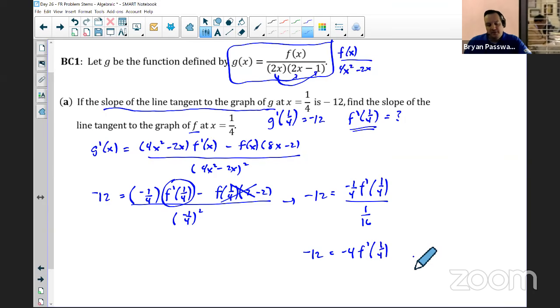And then dividing both sides by -4, lo and behold, we get f prime of 1/4 equals 3, and that answers the question. So instead of just telling us, hey, if g prime of 1/4 is -12, find f prime of 1/4, they put it in words instead to make sure we made those connections, right? So the answer to that problem would just be 3.